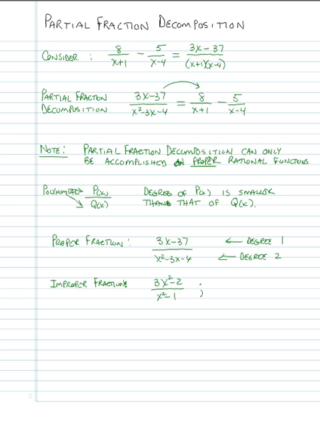And of course, another straightforward example would be something like 3x to the 4th plus x squared minus 2, all divided by 5x squared plus 3. Well, here clearly the numerator degree is larger than the denominator degree. So those are improper fractions. In other words, we can't decompose these using the method that we're using. We can't do it.